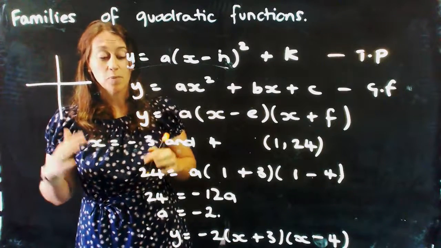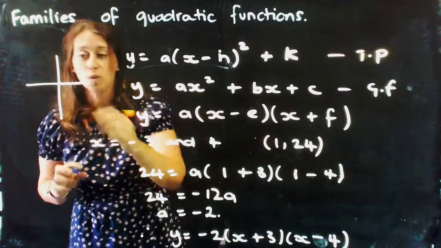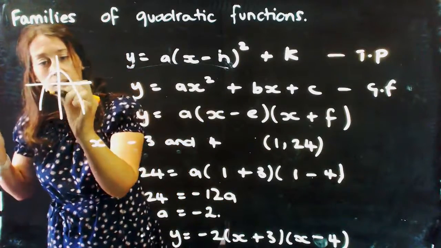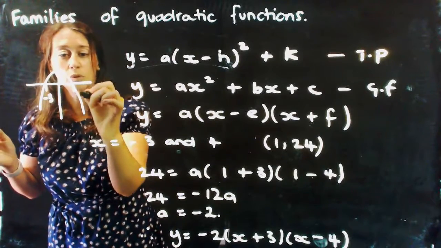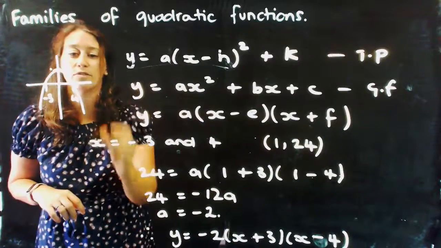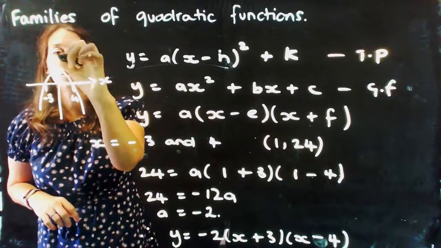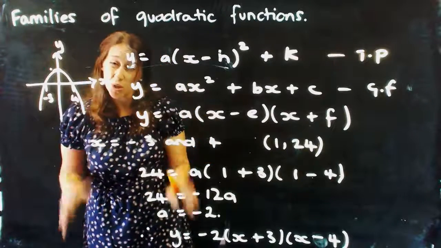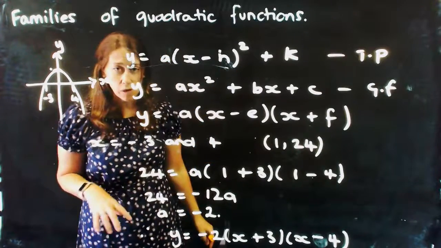This isn't going to be an exact sketch, but we know it's an upside down curve, and we also know that it intersects at -3 and at +4. Obviously we do not know the turning point coordinate, which we'd need to find if we were doing a true sketch. And pretty much these three equations are what you need to know about families of quadratic functions.